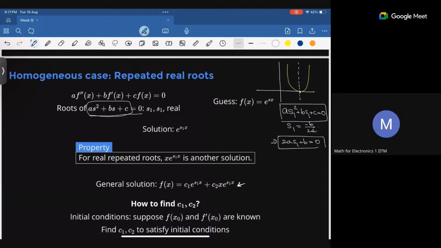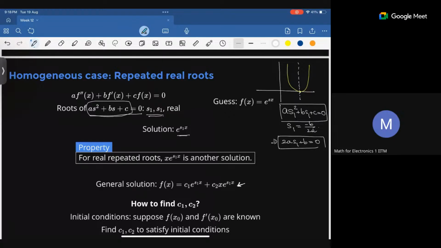Okay, so the solution of this quadratic equation will have only one real value, which is s1. Therefore the solution that we have is e power s1x. We will not have e power s2x anymore. We have only e power s1x. But even though we have e power s1x, x into e power s1x will also be another solution.